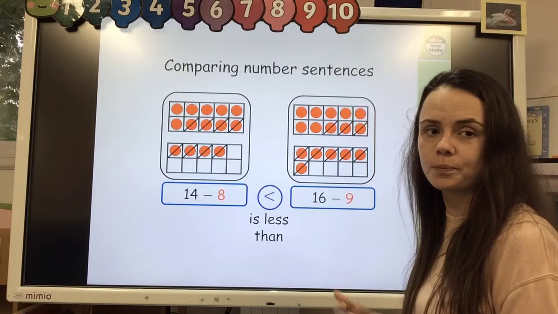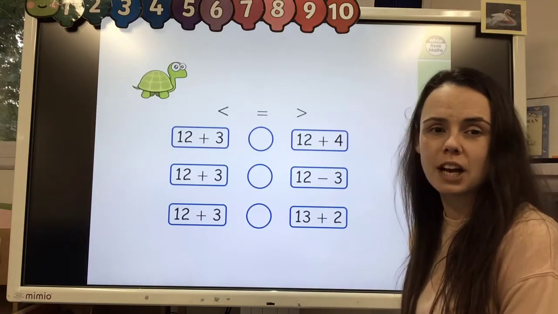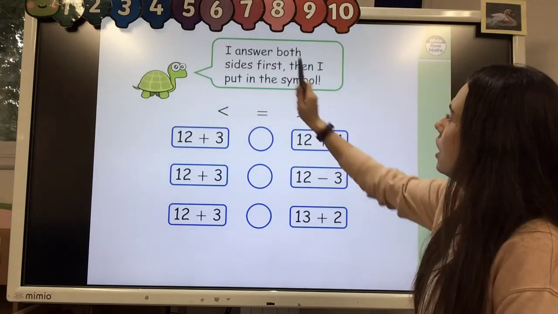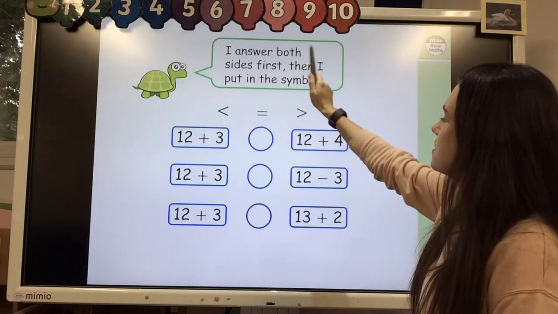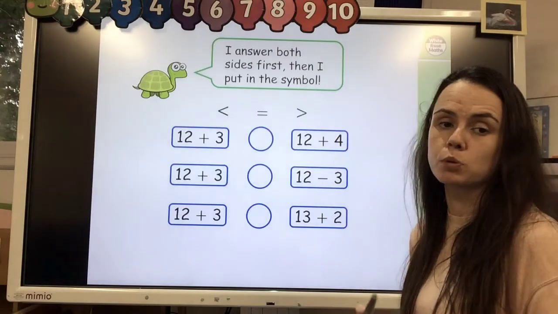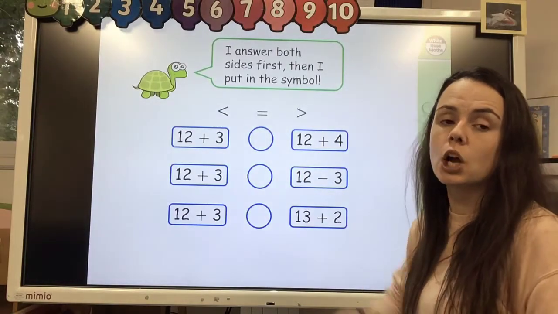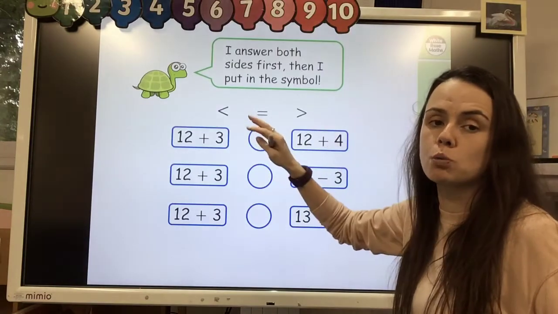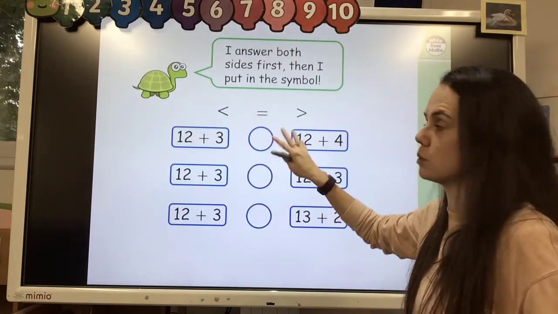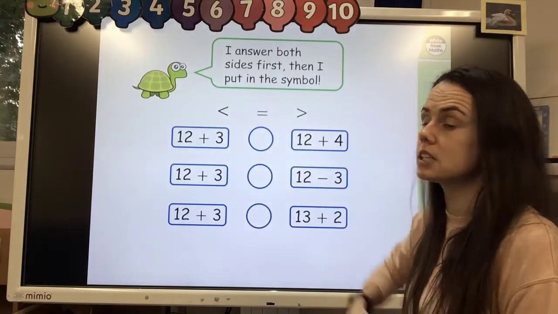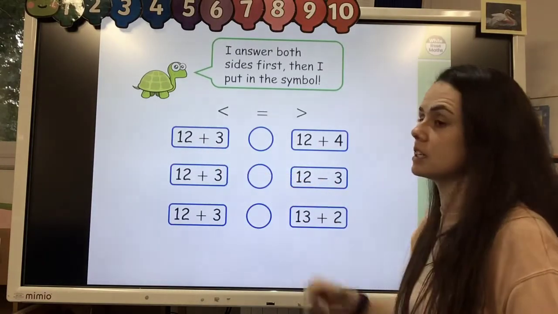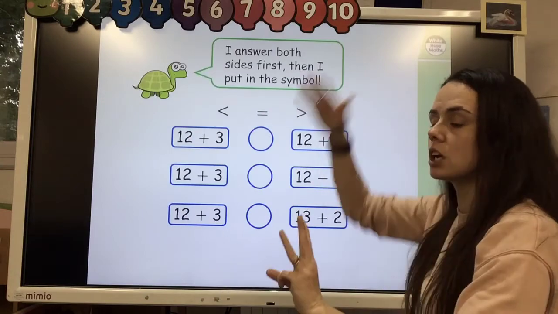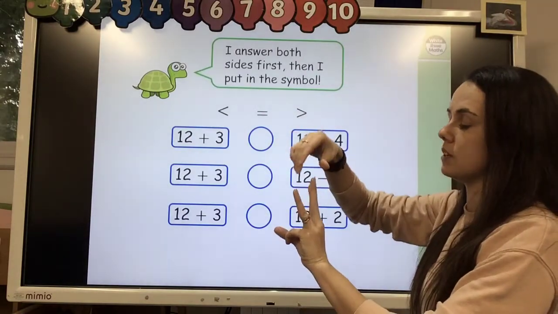Let's try another one. This time, Tiny's come to help us. So I answer both sides first, then I put in the symbol. So what Tiny is saying is work out these number sentences, then compare them. So don't just do the comparing straight away. So what we need to do is work out what 12 plus 3 is. So put 12 in my head, hold up 3 fingers. 12, 13, 14, 15.